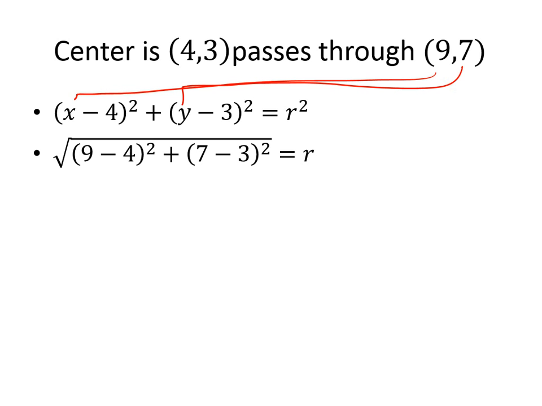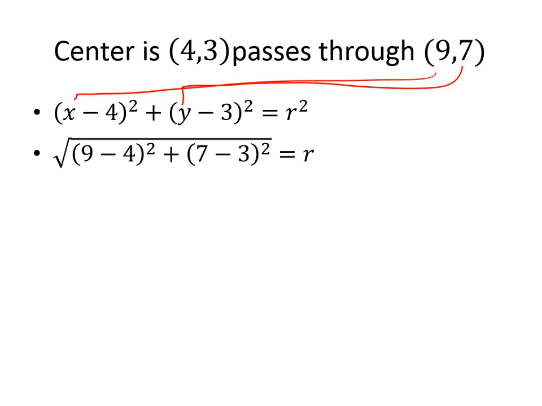The distance formula and the way I just mentioned are actually exactly the same. It's just a different way of thinking about it. Here I've plugged in 9 and 7, and I've taken the square root because I want to know what my radius is. You don't have to take the square root if you're just writing the equation, because you're trying to find r squared.